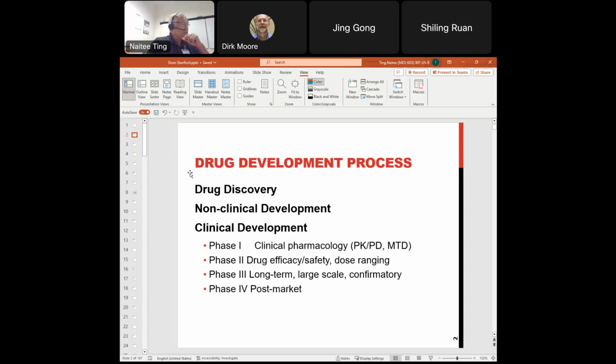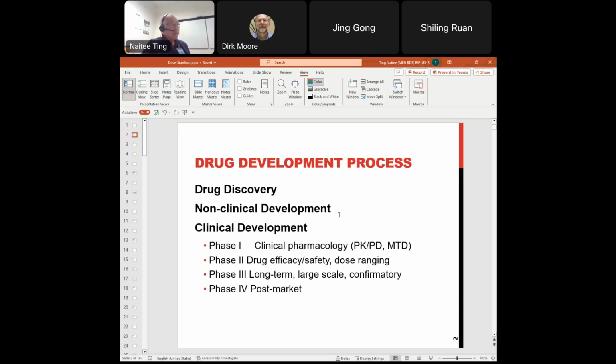And then you move into non-clinical development. Non-clinical development is the development of this drug outside of a live human body. So the discovery is trying to come up with a new compound, but the development is trying to observe what the compound does to see if the compound is good or bad. If the compound is no good, then we stop developing it.